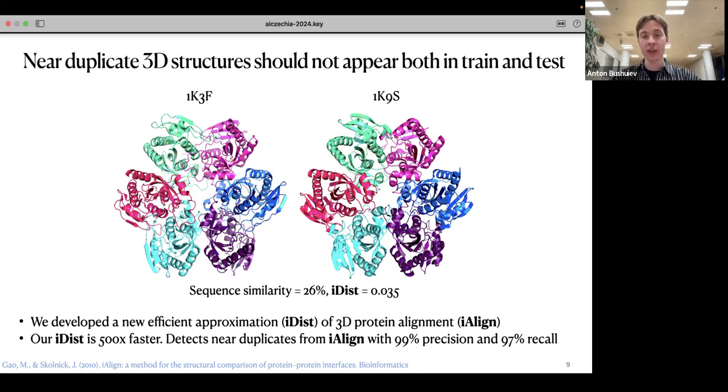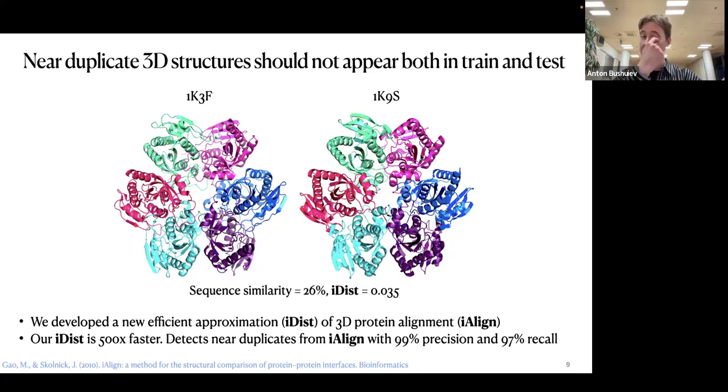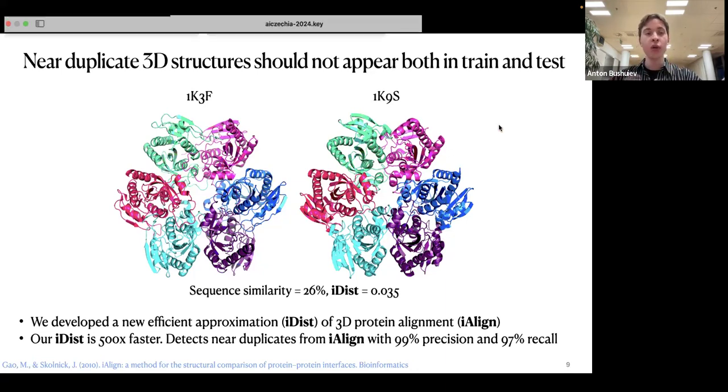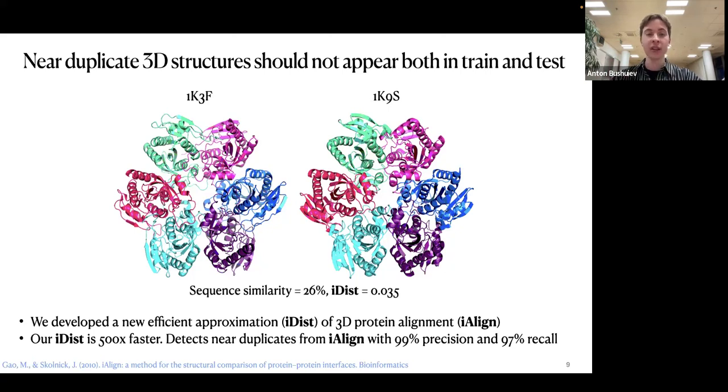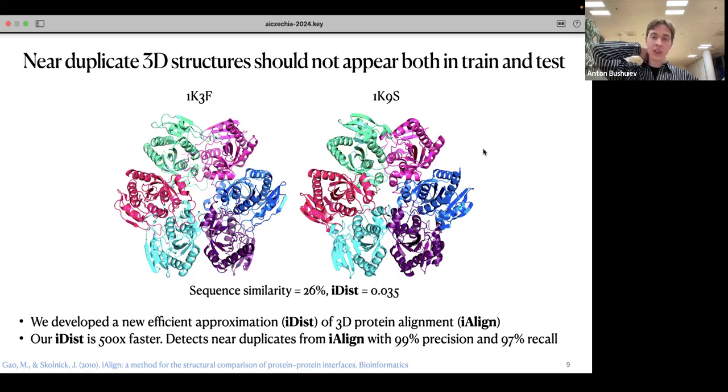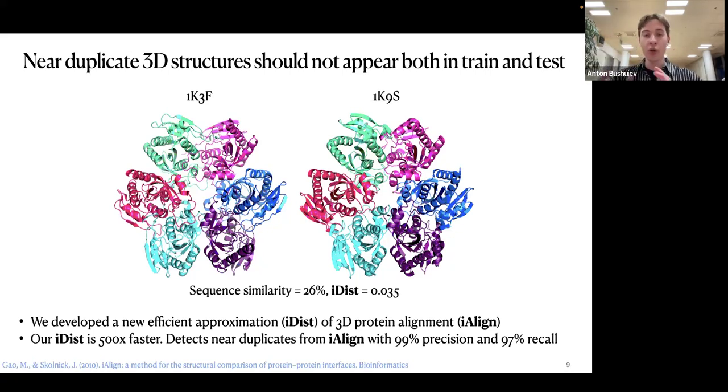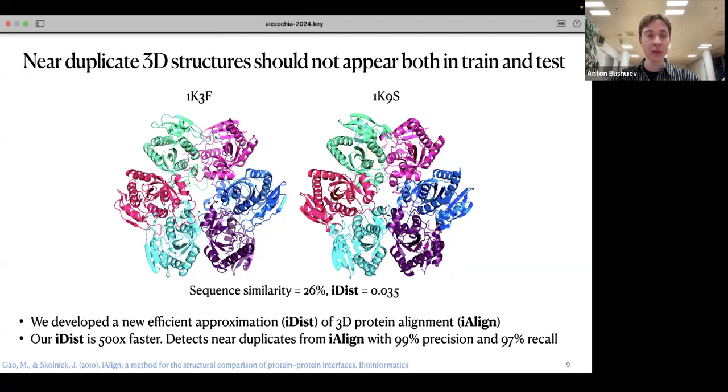So it's hard to recognize programmatically that these interactions are the same just by comparing sequences. And another intuitive approach may be to somehow align the structures globally and say that if they have high alignment scores, then they are similar, and if they have low scores, then they are not. But this approach also doesn't work because it doesn't scale to large data. So if you want to really compare thousands of interactions, we need something faster.